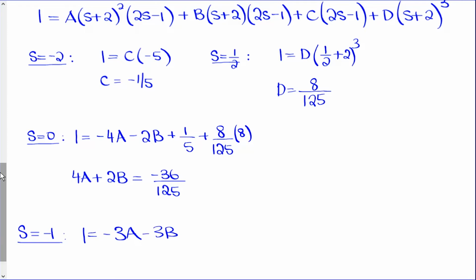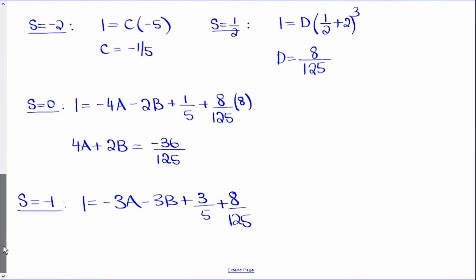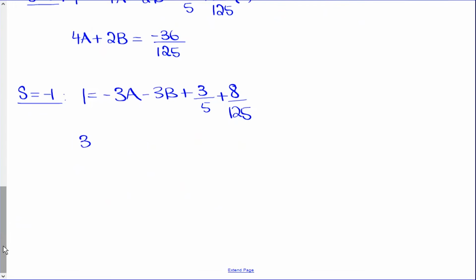Next, I'm going to get +3/5, and then plus 8/125. Let me rewrite this equation as 3A plus 3B equals 3 over 5 plus 8 over 125 minus 1. And that gives me minus 42 over 125.